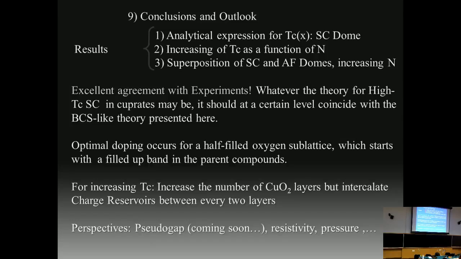So whatever the theory for high Tc cuprates may be, at a certain point it should explain these issues. We believe that whatever the mechanism of pairing is, at some time it must be in the form of the model that we use here. Optimal doping occurs at half-filling of the oxygen lattice.